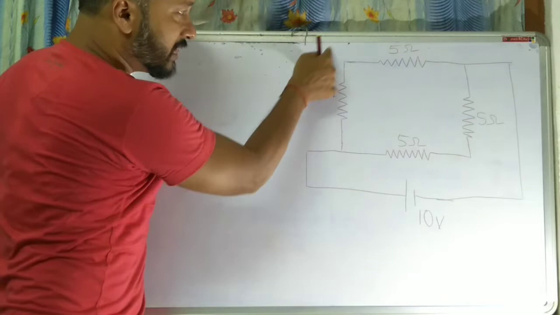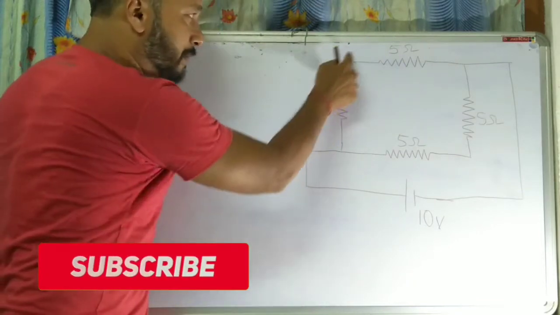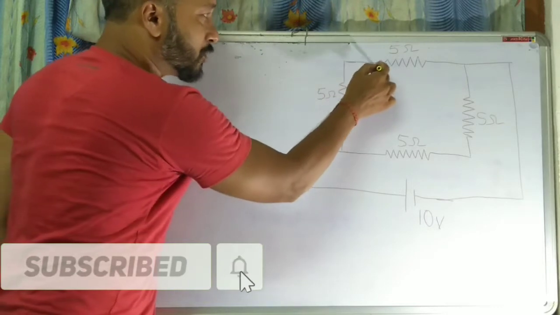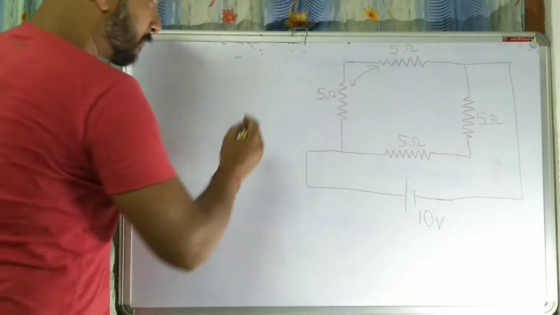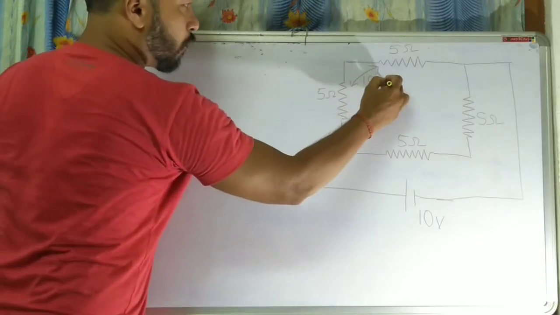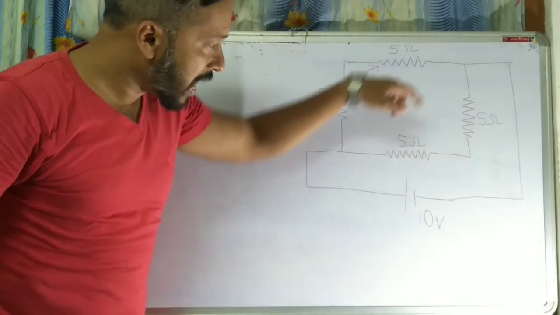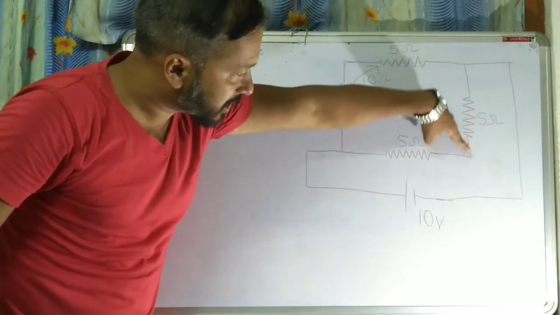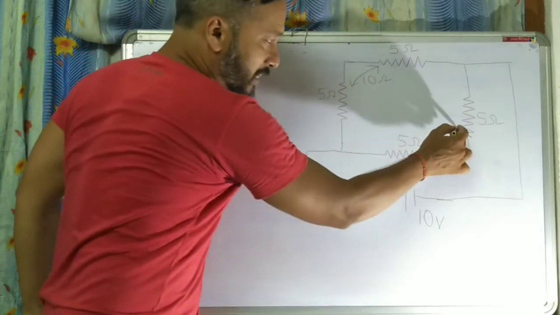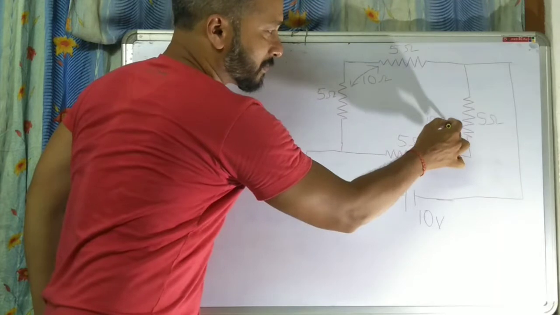So that is 5 plus 5, 10 ohm. And here also you can see this 5 ohm and this 5 ohm are in series, see, continuation. So these two are in series, 10 ohm.